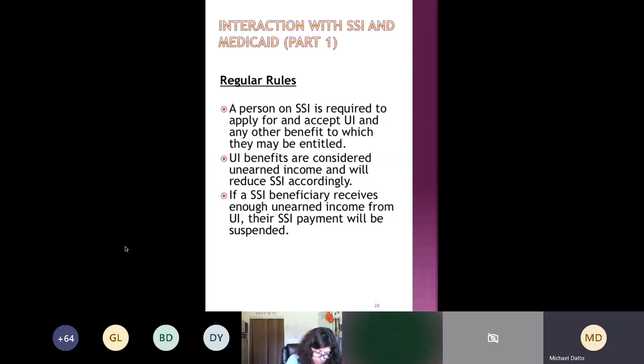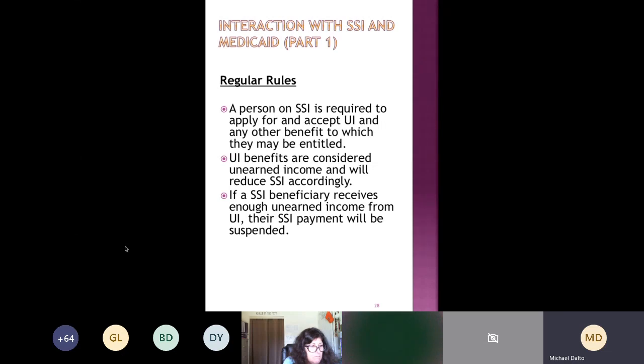First, let me specify that, of course, in order to qualify for regular unemployment insurance, a person has to have worked before they became unemployed through no fault of their own. And typically when a person gets SSI and they work, their SSI is reduced.